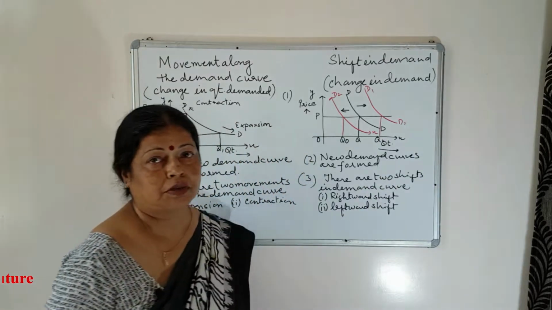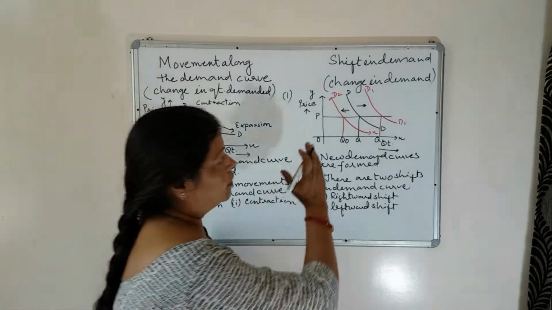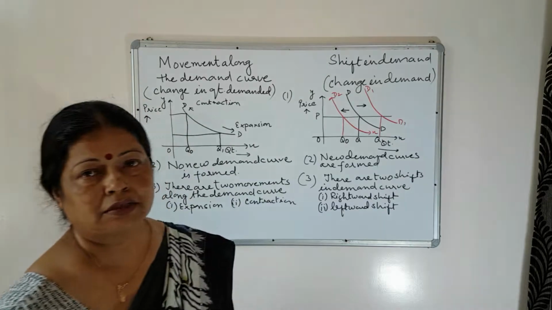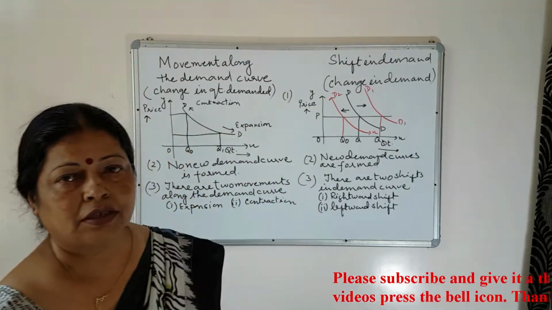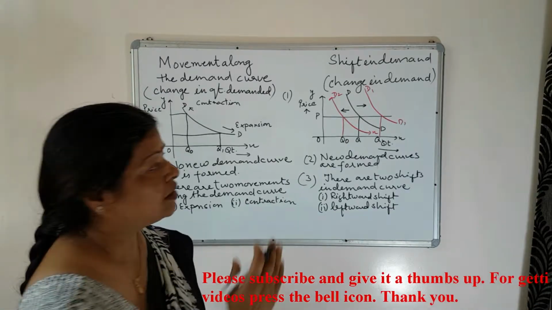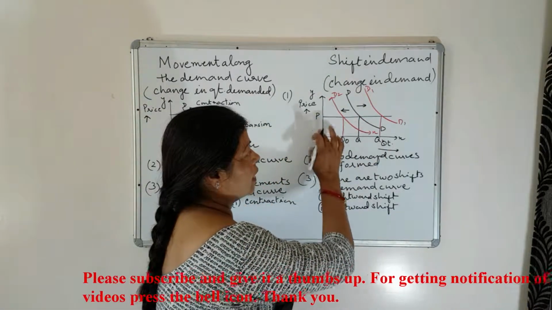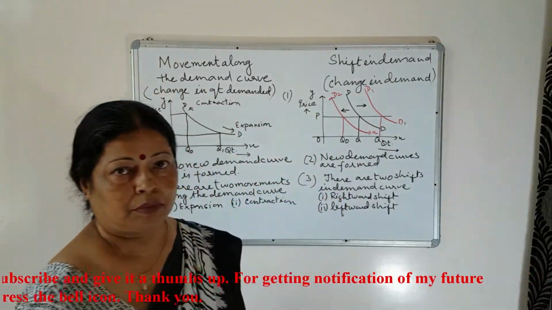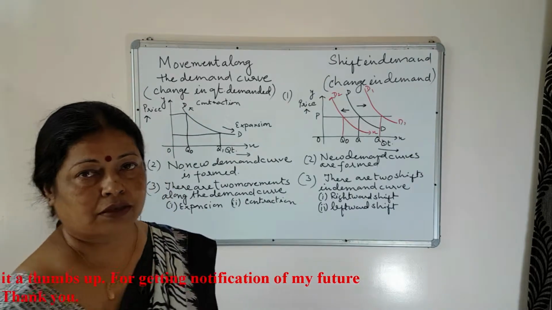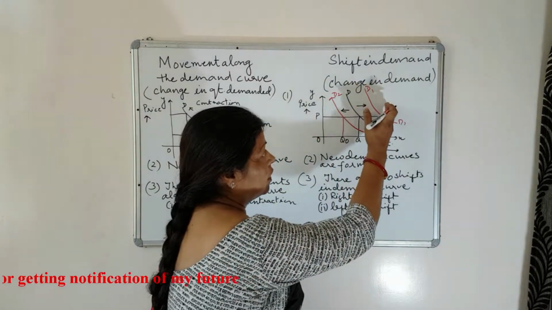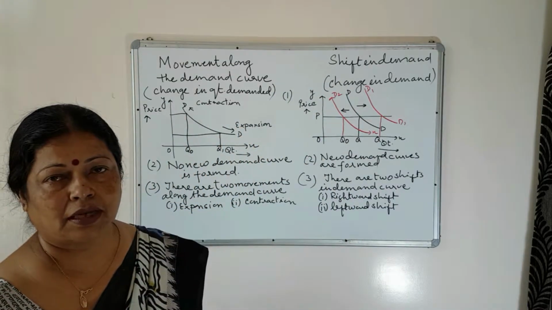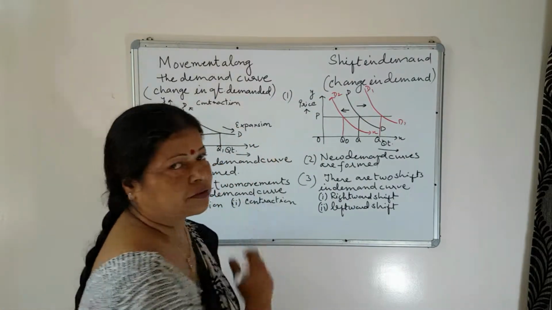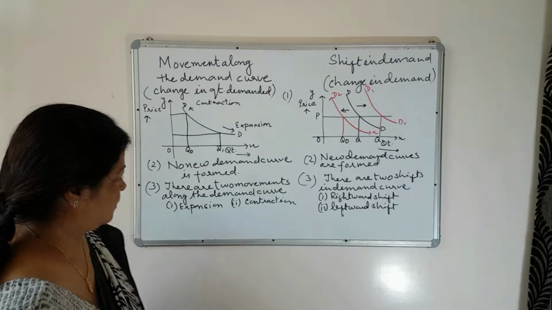In my previous videos, I explained that rightward shift is known as increase in demand and leftward shift is known as decrease in demand. Increase in demand means price remaining same, but due to change in other factors you are demanding more, and decrease in demand means price remaining same, demand curve shifts to the left.